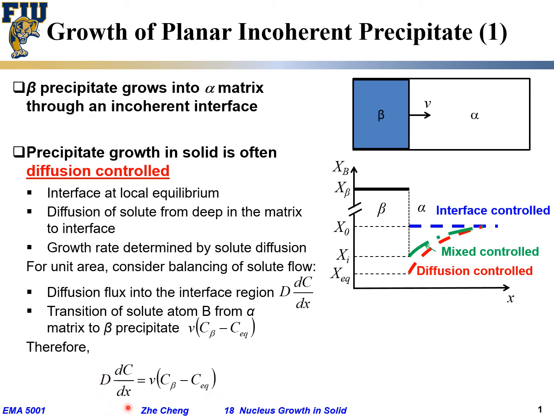On the left side, we have the unit of flux, which means moles of atoms per unit area, which is meter squared, per unit time, per second. On the right side, the unit would be velocity, which is meter per second, times concentration, which is mole per meter to the power of 3.